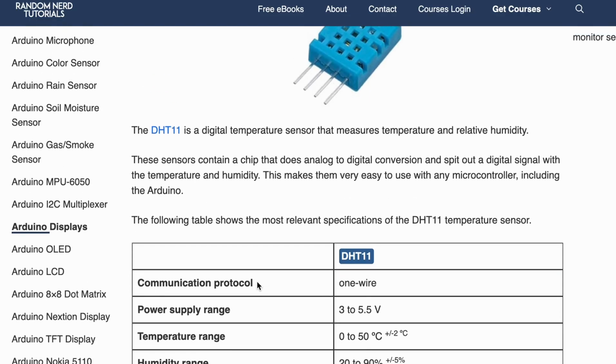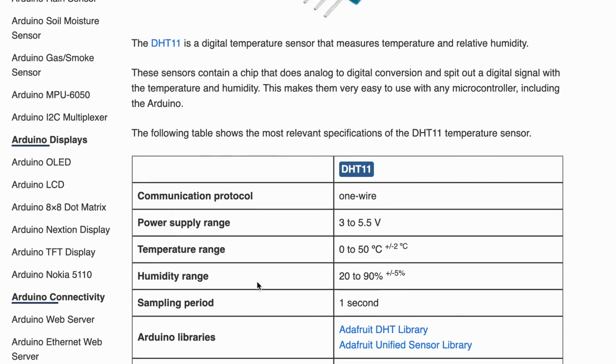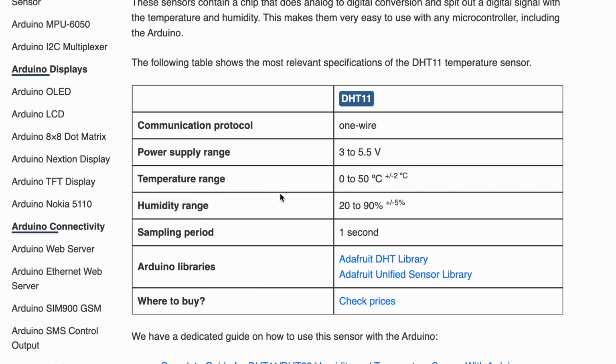We have the DHT11, this is the first example, and in that you can see the ranges. The temperature range is from 0 to 50 degrees Celsius. So in winter we can't use this to measure temperatures if it goes below zero.